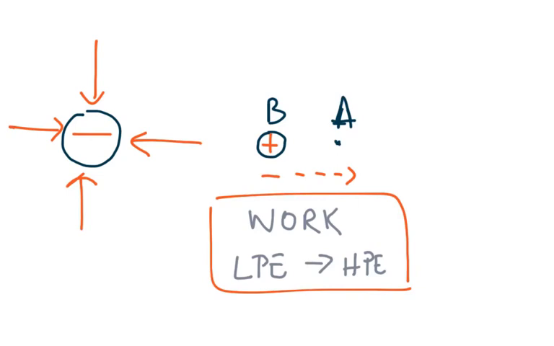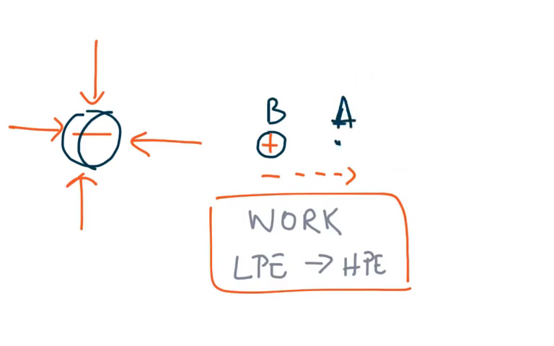So the low energy location for a positive test charge is near the negative source charge, so here will be the low potential energy, and as we go farther from it, it will be high potential energy.